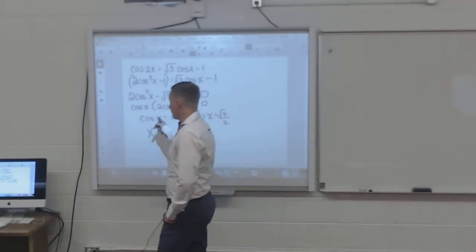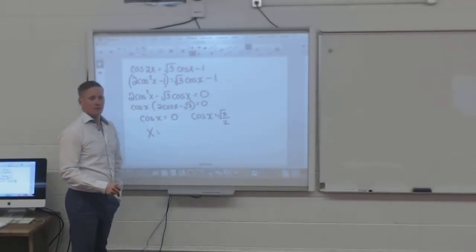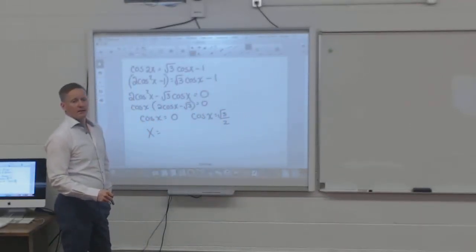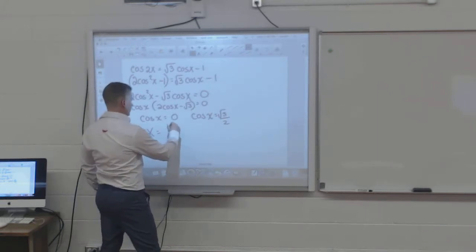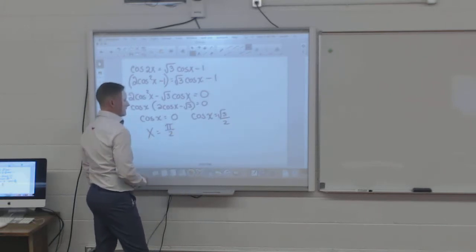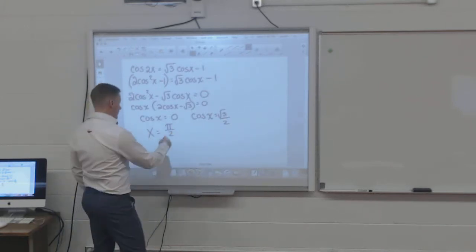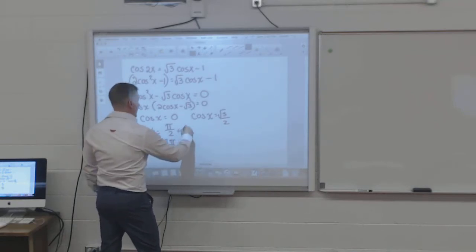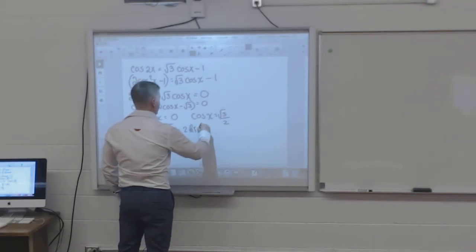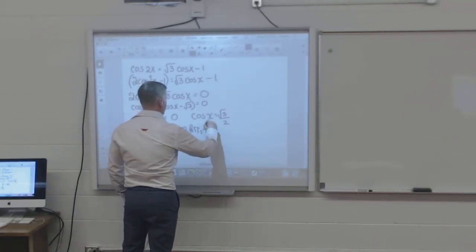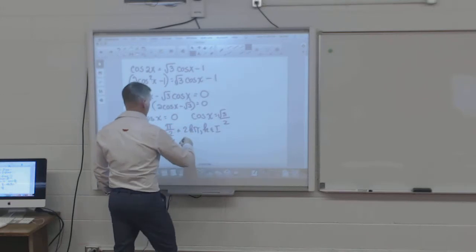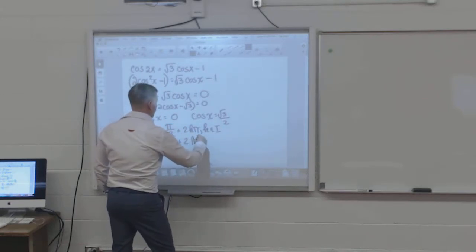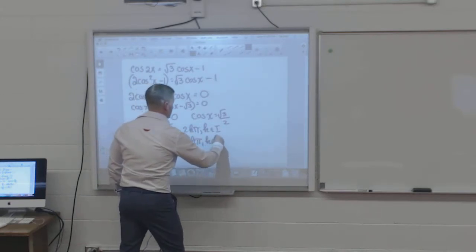So where does cos x equal 0? You can't use degrees, because it says radians. Pi over 2, and is that the only place? 3 pi over 2, good. Add 2k pi, where k is an integer.